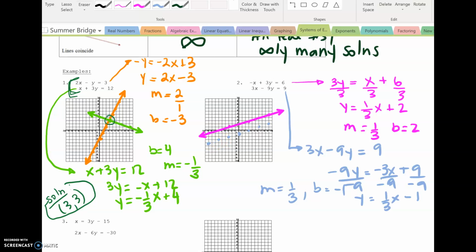Now notice something. I notice that these lines do not intersect. These are parallel lines.